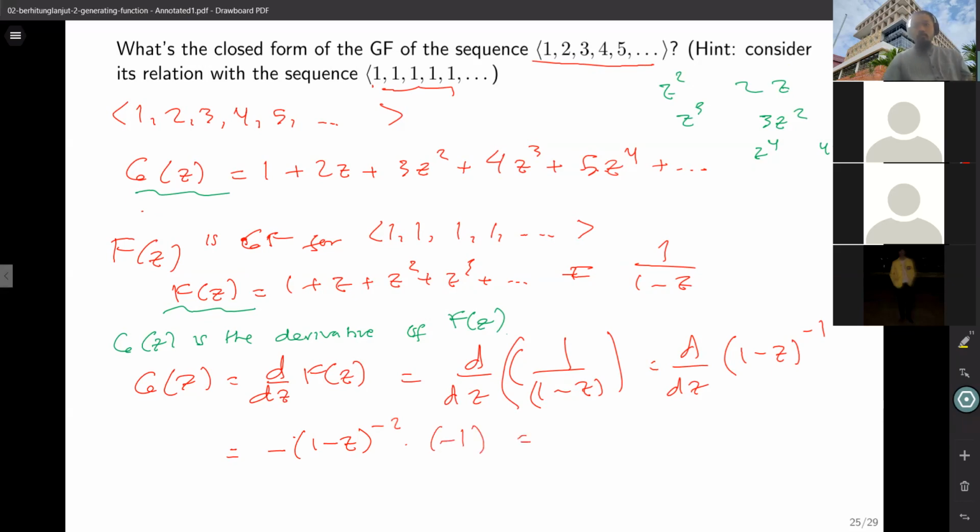Which is of course 1 over 1 minus z squared.